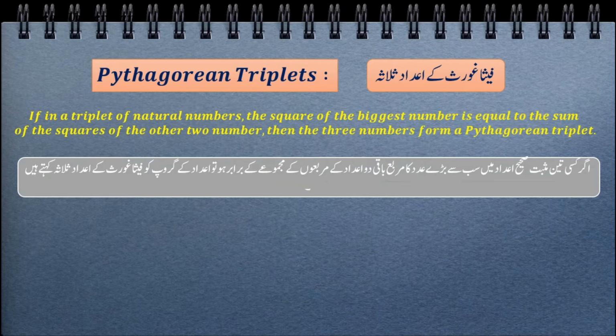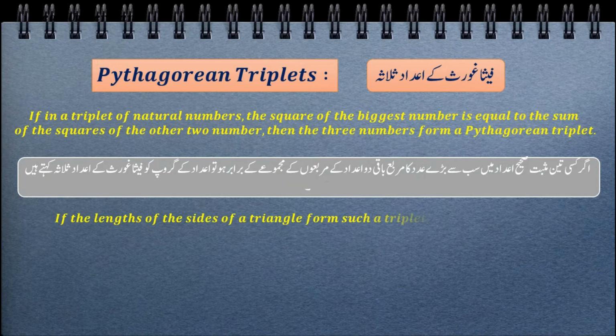If in a triplet of natural numbers the square of the biggest number is equal to the sum of the squares of the other two numbers, then the three numbers form Pythagorean triplets.